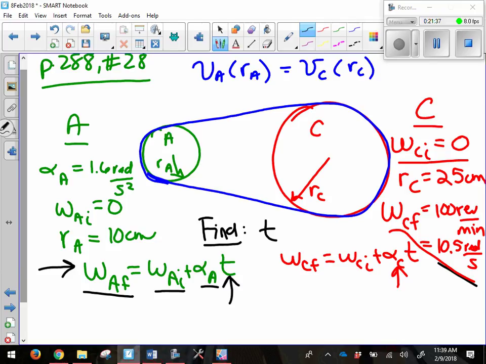We can't use anything else from chapter 2 or what has become now chapter 10. And usually, when you're using the equation for a period, you've got something that's moving at a constant rate, and we don't really have something rotating at a constant rate because it's starting from rest and speeding up.